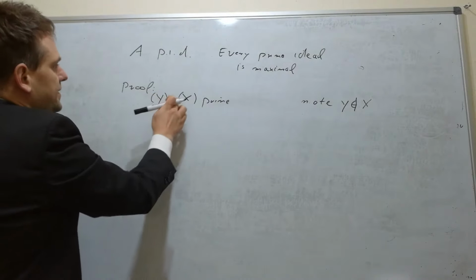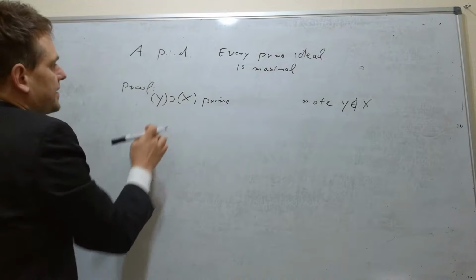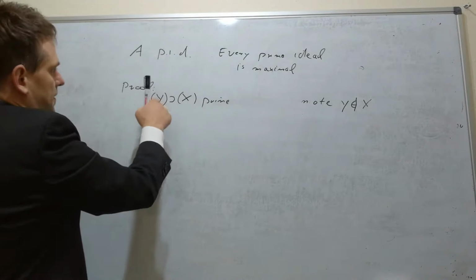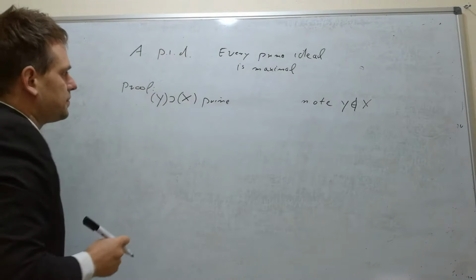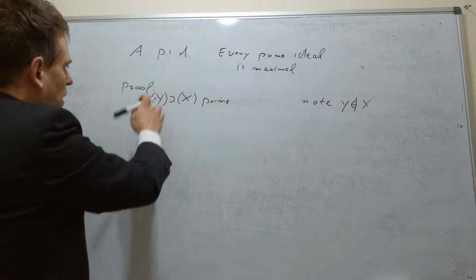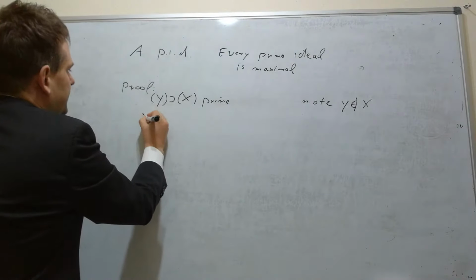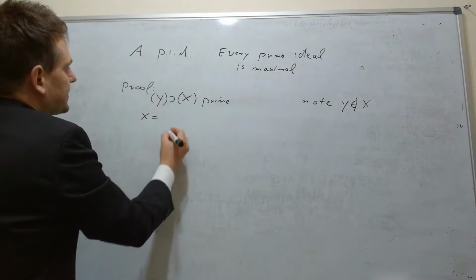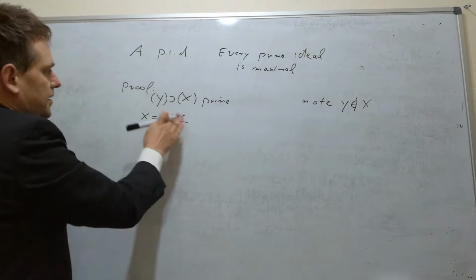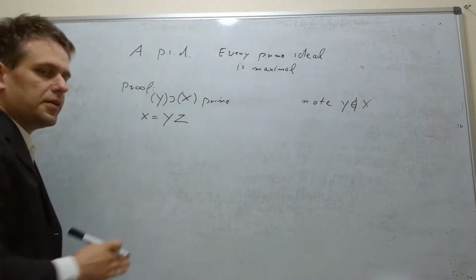So there is a way to write x as a multiple of y, since the ideal generated by y is made up of the multiples of y. So we can write x as y times z for some ring element z.